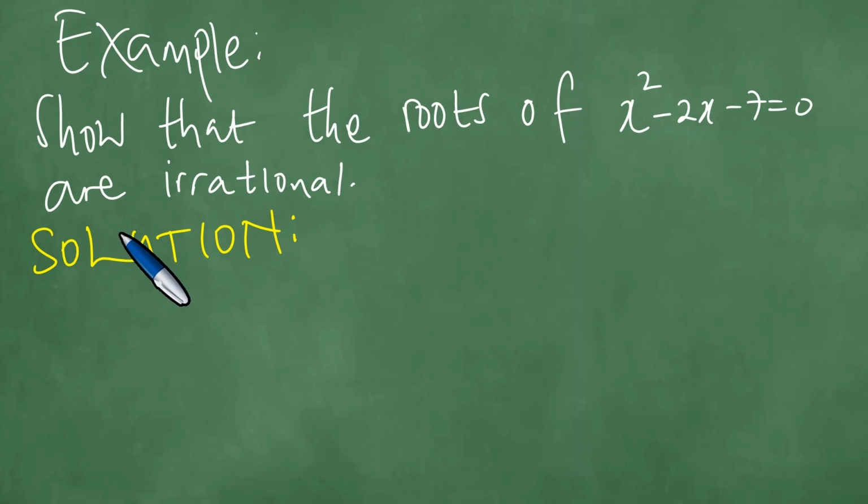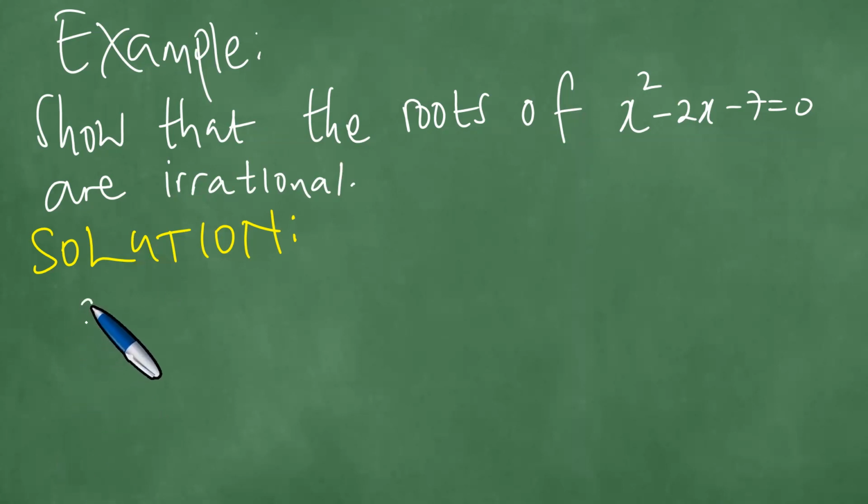For them to be rational, delta must be greater than 0, and what else? Delta should also be a perfect square. Yes, for irrational roots it should not be a perfect square.